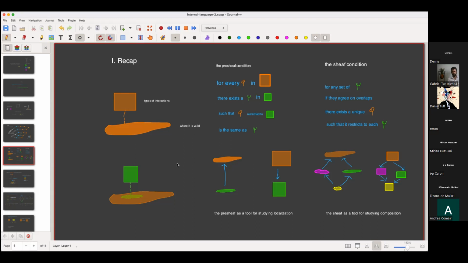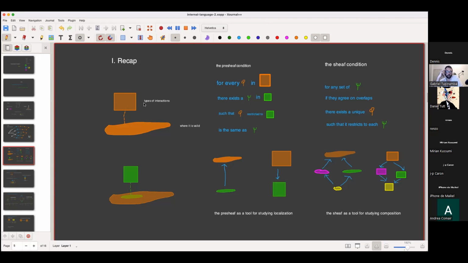So here I will again bring up the idea of a pre-sheaf and the sheaf. I feel like every presentation I give, I have one slide talking about this definition, but as a recap, one more time, the pre-sheaf condition says that, okay, let me take a step back.